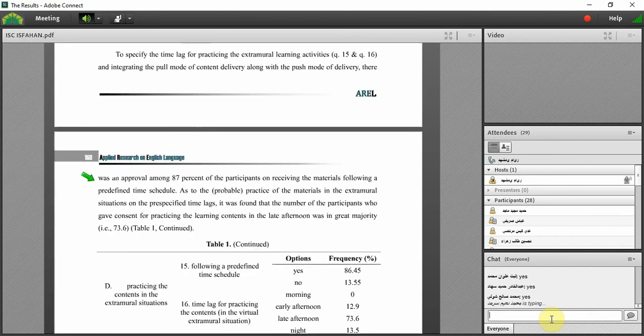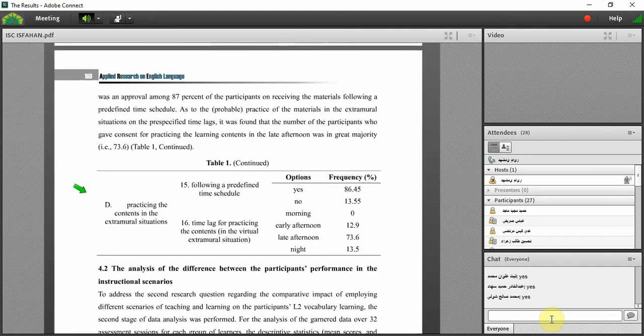Well, there was an approval among 87% of participants on receiving materials following a pre-specified time. I'm telling the readers what information is given here. What does that mean by 86.45? Okay, something like 87, for example. I'm telling them that this number is for the participants' approval of receiving materials following a pre-specified time.